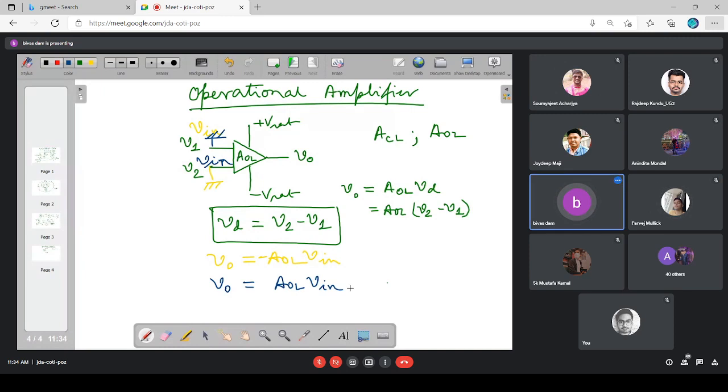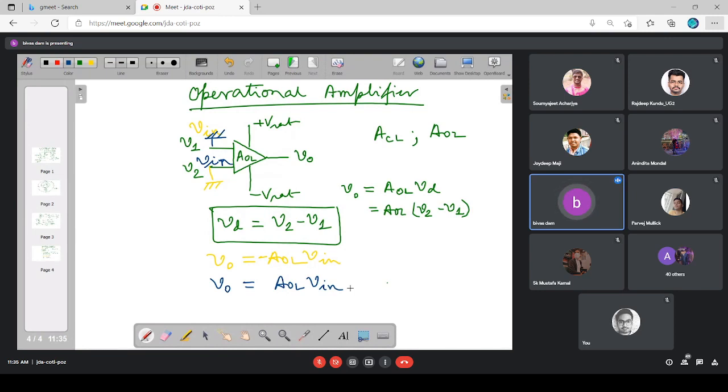They are in phase. So what I find is, if the input is given to the V1 input terminal, it is getting inverted at the output, having 180 degree phase shift. Whereas if the input is connected to the V2 terminal, it is not getting inverted.